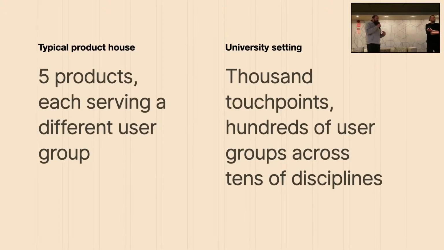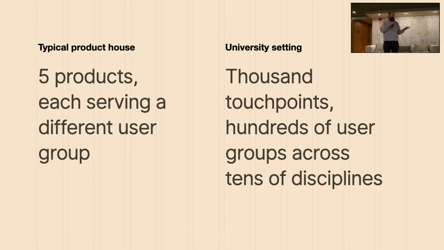We have built design systems for companies before, and if we look at a typical company, let's say a food delivery service, you have a client app, you have the courier app, you have the restaurant app. You have a few different apps that serve different user groups.